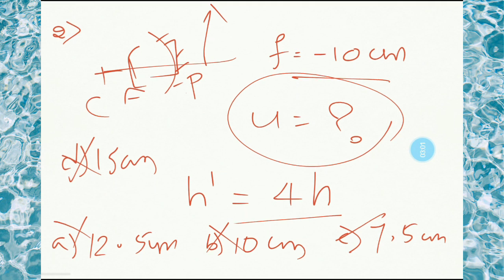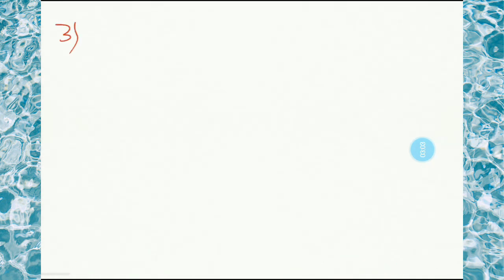Okay. Let's move to the third question. An object is placed on the principal axis of a concave mirror. Again, you take a concave mirror here. It is placed on the principal axis of a focal length, they have given already. Here is the focus, center of curvature, pole. Now he is saying that focus is 10 centimeters.